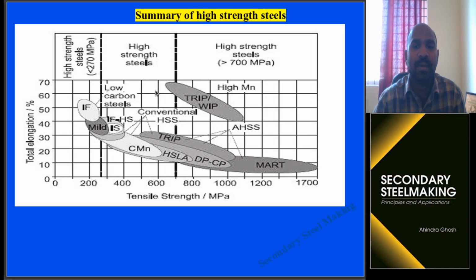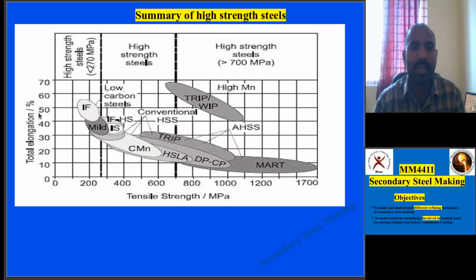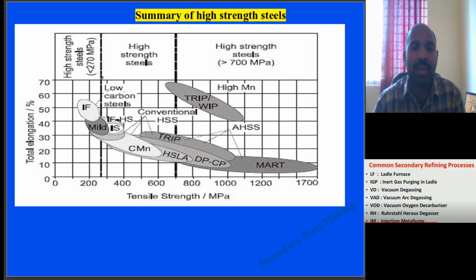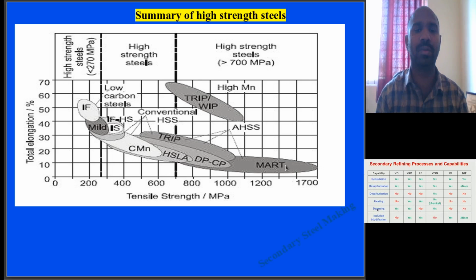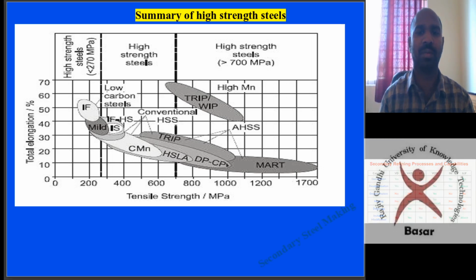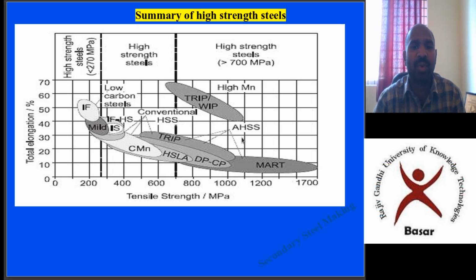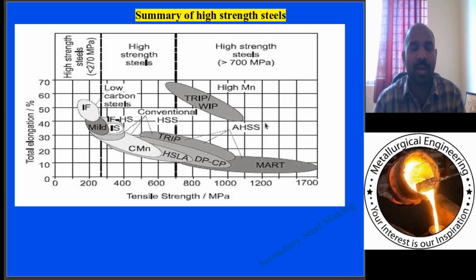And the summary about these high strength steels with low carbon content: if you see the elongation values with respect to the tensile strength, for IF steels, low carbon steels, the tensile strength is this much, and for other steels, TRIP steels, this is the tensile strength and total elongation, and this is martensitic steels, and dual phase steel, a combination of carbon phosphorus steels with manganese addition steels, alloy addition, ultra high strength steels, and high strength steels.